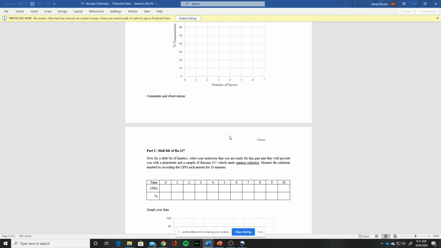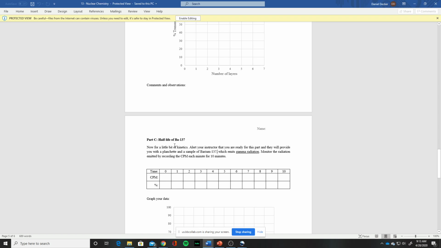I forget the whole name, but essentially it's this special chamber where you can put a radioactive isotope into the chamber, and you can actually see the trails that are created by the ionized radiation as it's coming out of that radioactive sample. It's really cool, actually. And I took a video of that about a year ago, the last time I did this lab, which I guess wouldn't have been a year ago. It would be about 6 months ago. So if I can find that, I'll upload that as well so you can see that.